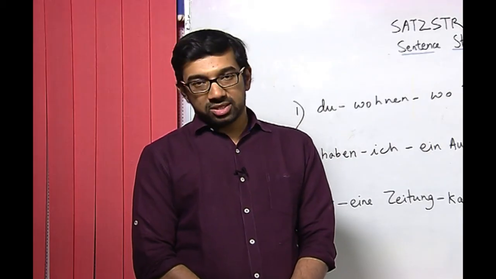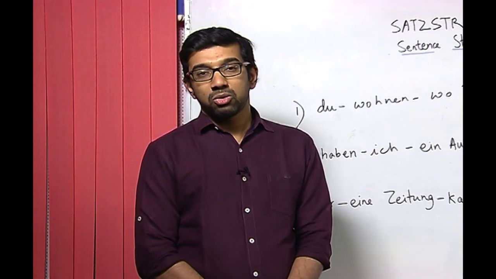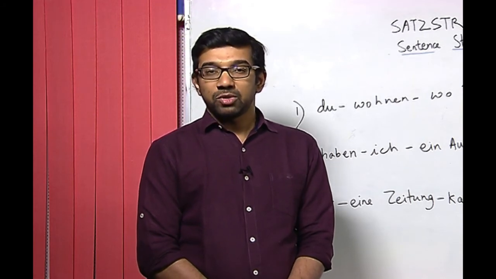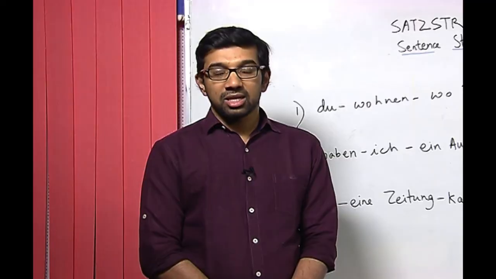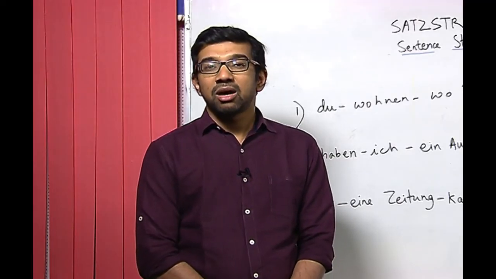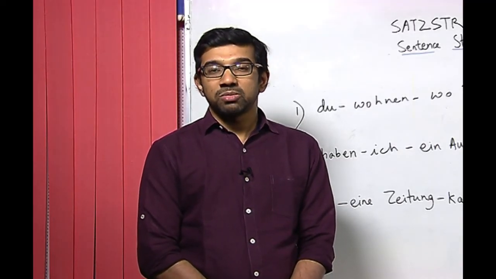So in today's session, we learned how negative articles can be used as pronouns. We saw how negative articles are used as pronouns in nominative and accusative, and we did exercises based on that. And then in the next segment, we learned what a verb position in a German sentence is.